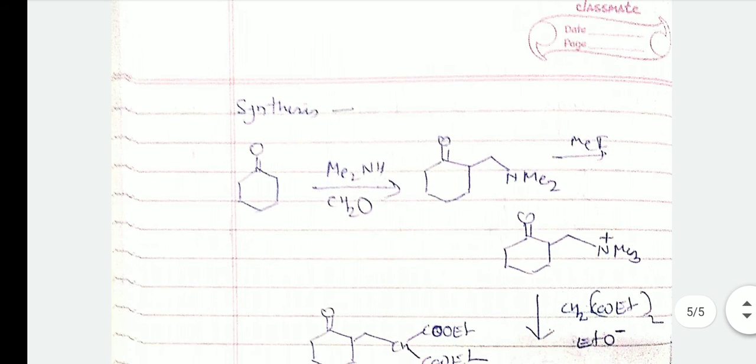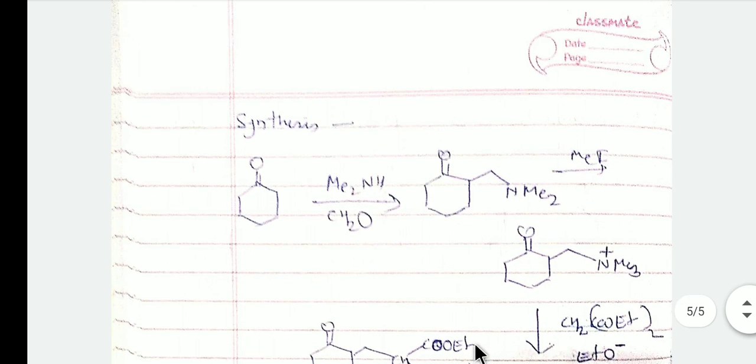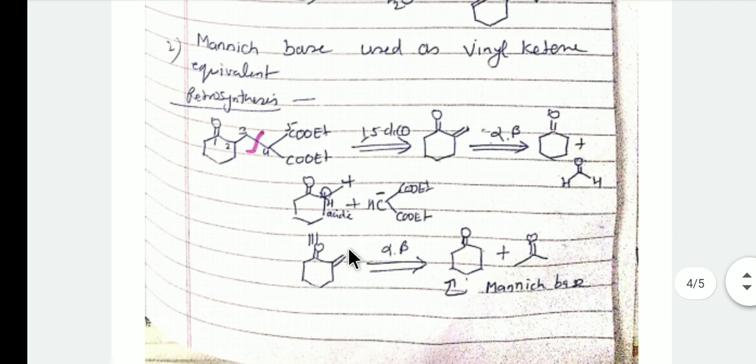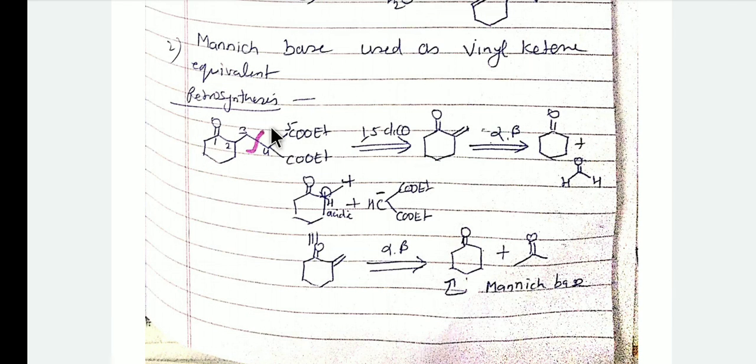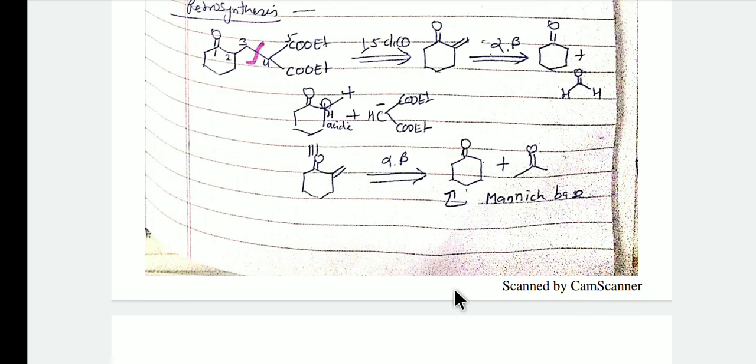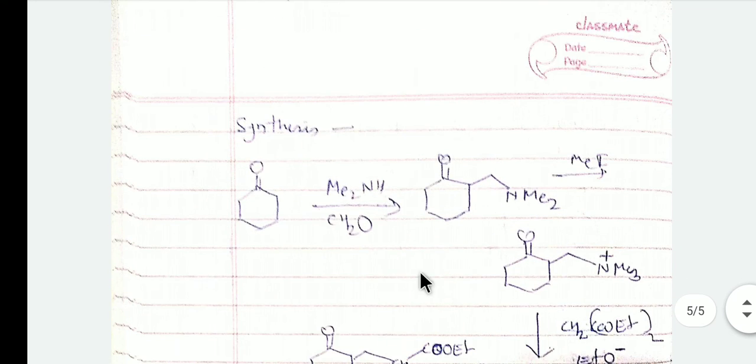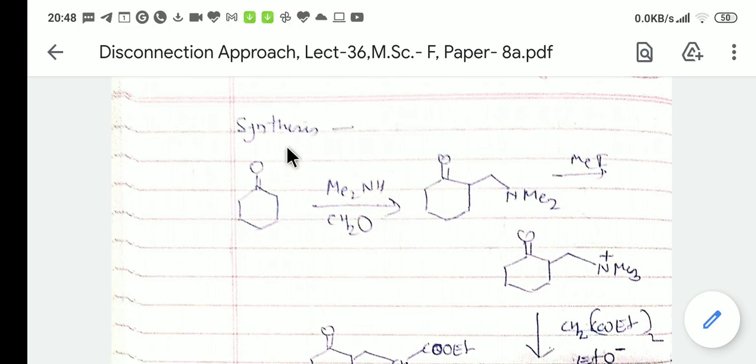Now the synthesis of our target molecule, which was disconnected here, is done from the Mannich base. Here this is the starting material, the smallest unit for the synthesis, cyclohexanone.